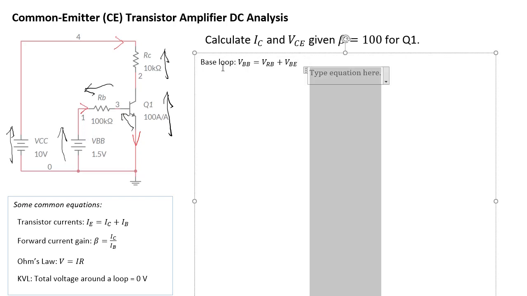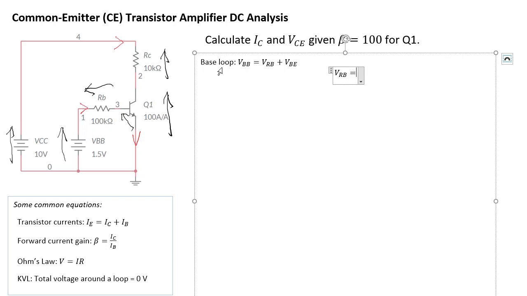VRB is equal to VBB minus VBE, so that's 1.5 volts minus 0.7 volts, which is equal to 0.8 volts. That's our VRB, the voltage there.